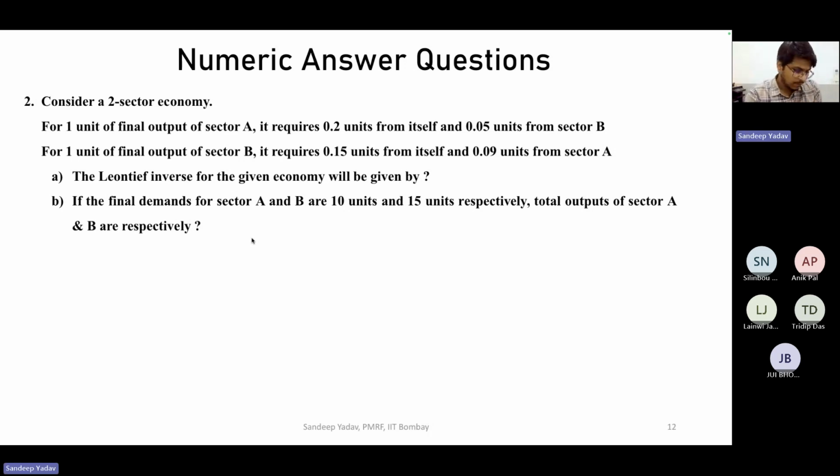So first we will form the matrix that is given. It says it requires 0.2 units from itself.